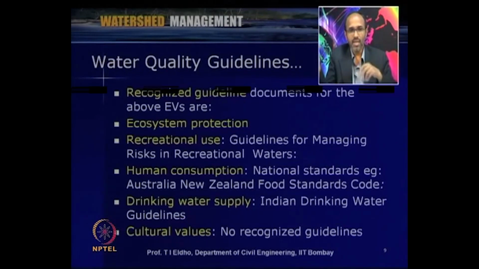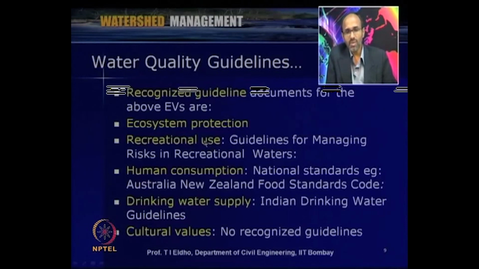It can be for ecosystem protection, or for recreational use, for example guidelines for managing risk in recreational waters. If it is for swimming or boating, depending on what kind of recreational use the water is put to, we can come up with certain values or guidelines.